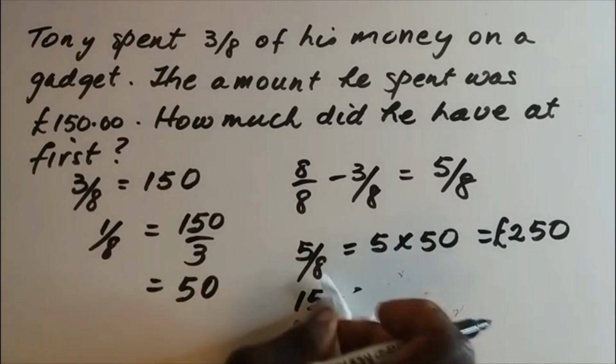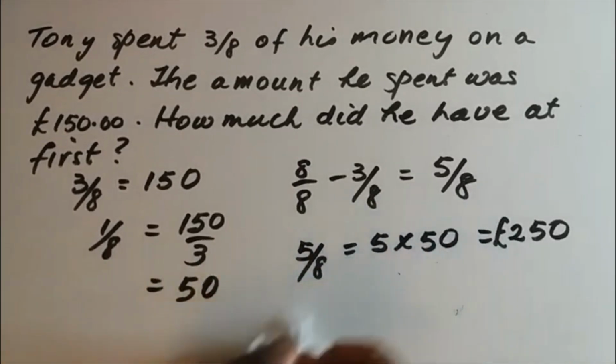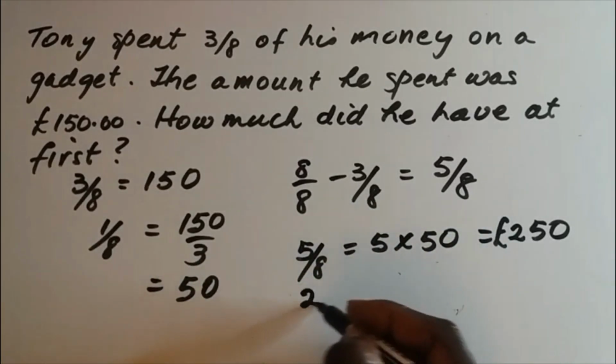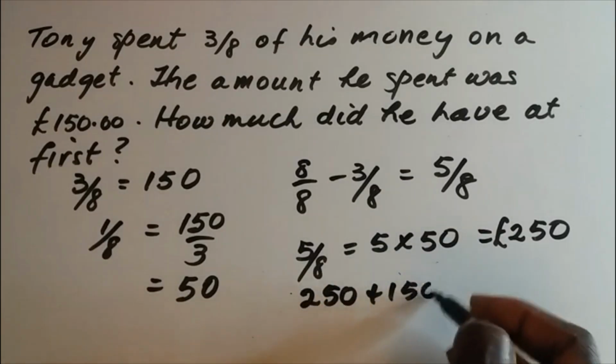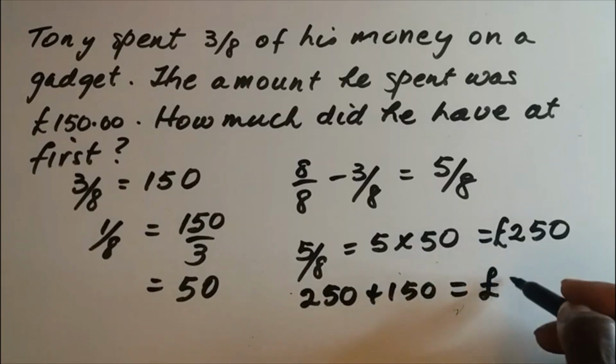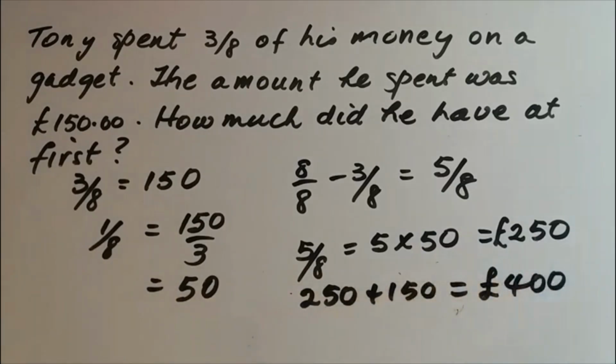Let's write that. So 250 add 150 gives us £400. So it's a longer way of doing it. We don't use algebra here, we just use the concept of fractions. If he spent 3/8 of it, he has 5/8 remaining.